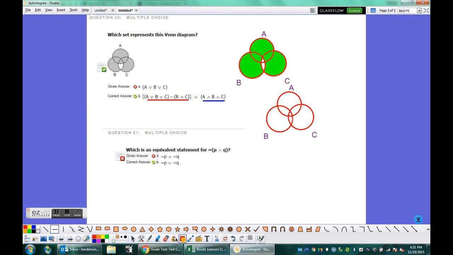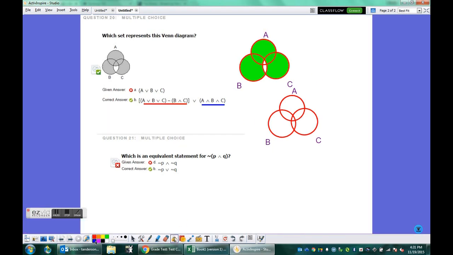So when I go to change this one here, I'm going to basically look, since it's an or statement, where they overlap. Okay, so if I look, I've got A and B and C. So the only spot where I'm in all 3 circles is right at the center there.